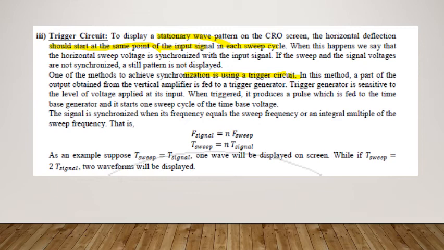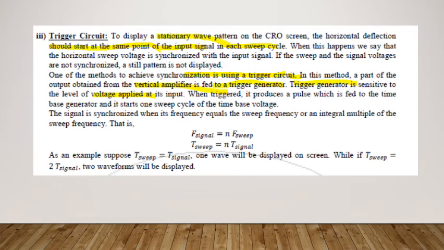In this method, a small part of the output obtained from the vertical amplifier is fed to the trigger circuit. Whenever you start the vertical signal, a small part of that signal is fed to the trigger generator, and the trigger generator is very sensitive to the level of voltage applied at the input.